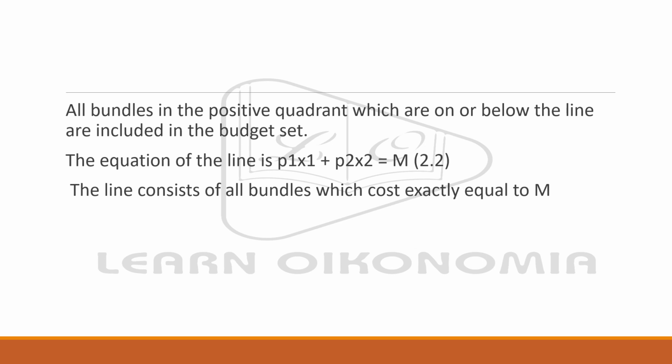All the bundles which lie on the positive constraint, which are on or below the line, would be included in the budget set. Okay, so you will be having your budget line like this. So this is your budget line where it is P1x1 plus P2x2 is equal to M. So all the bundles in the positive quadrant, like here, which are on or below the line, like on the line means this line, and below the line means this area.